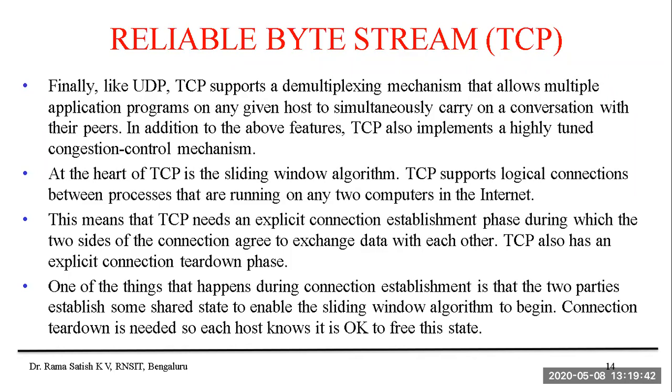So during connection establishment, both the sender and receiver sides establish a sliding window and later they start transmitting. Likewise, during connection teardown, both say okay, so that the connection can be freed. And once the connection is freed, the sliding window algorithm stops. It is just like that.